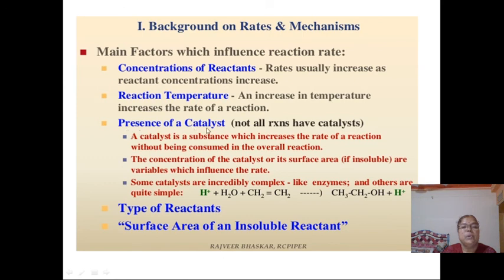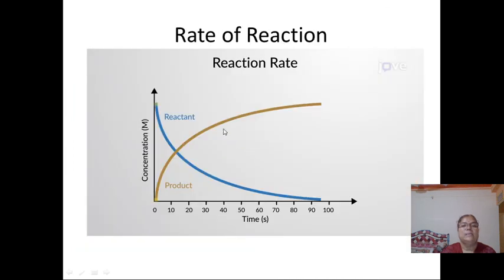Again, the presence of catalyst. Here a catalyst is a substance which increases the rate of reaction without being consumed in the overall reaction, and such a catalyst is called a positive catalyst. And there are some substances that do not take part in the reaction but decrease the rate of reaction; those catalysts are called negative catalysts.